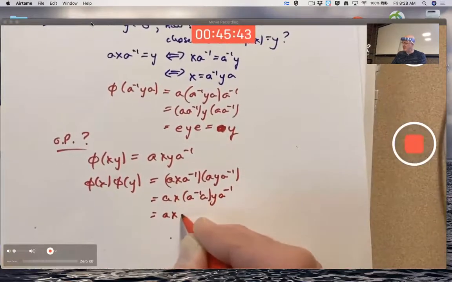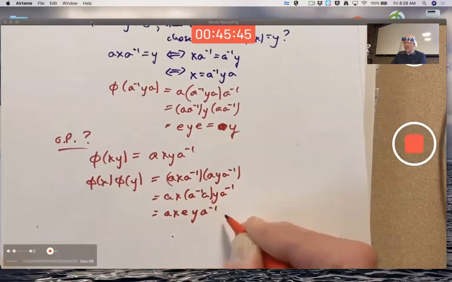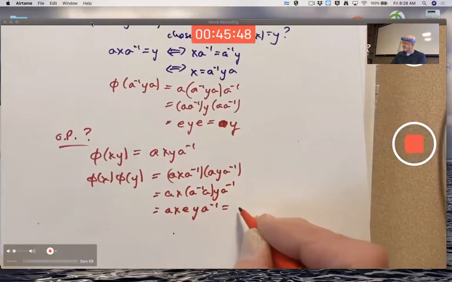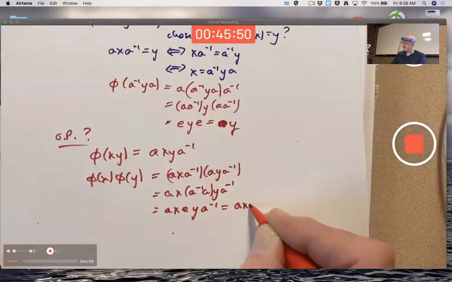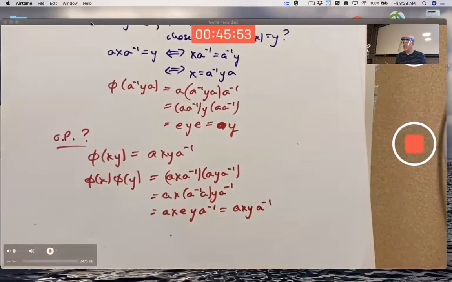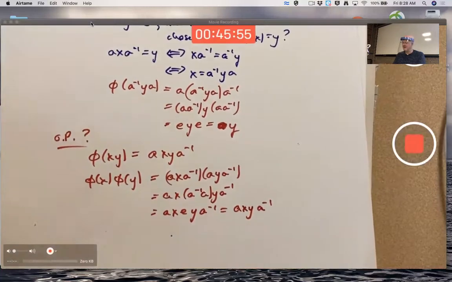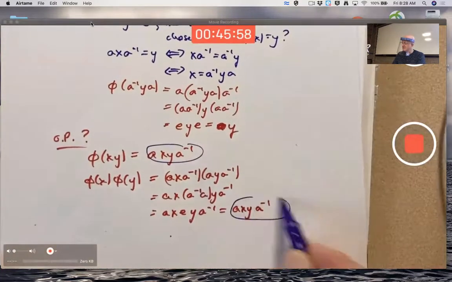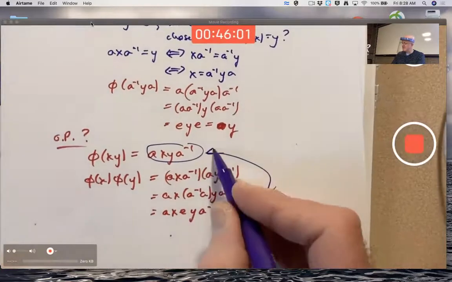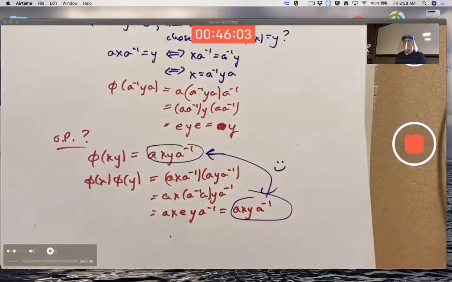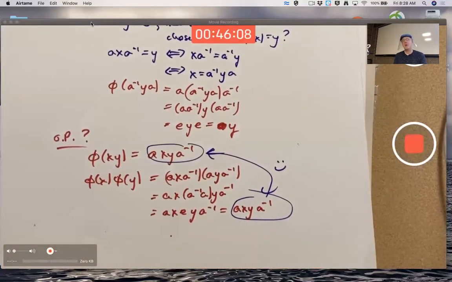I think we're at a point where you don't have to show all these steps. These match. We're happy. So inner automorphisms are automorphisms. I made that part of the definition, but it's not literally part of the definition. Technically speaking, it does take a proof.